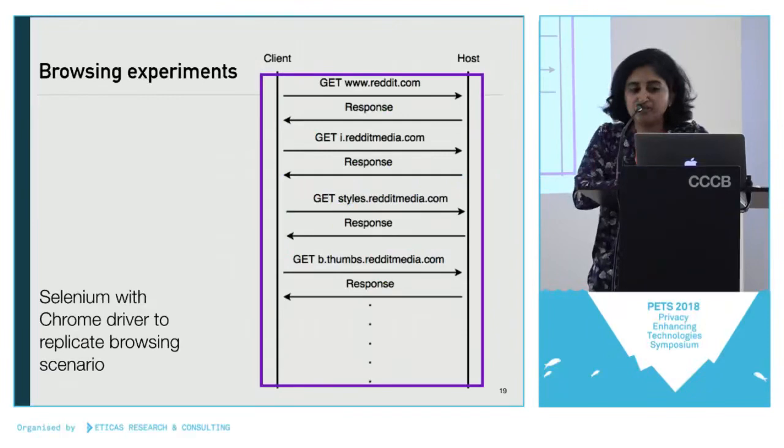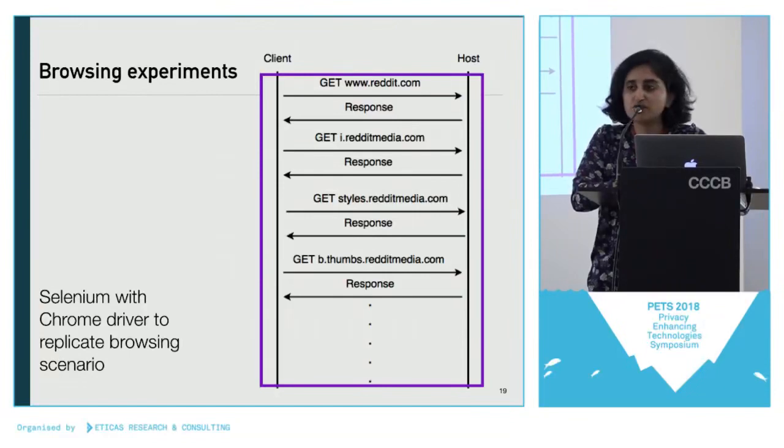As I mentioned before, in our single query experiments, we were looking only at the first query and response. But in the next set, which we call browsing experiments, we look at all the data that are associated with a particular browsing session.